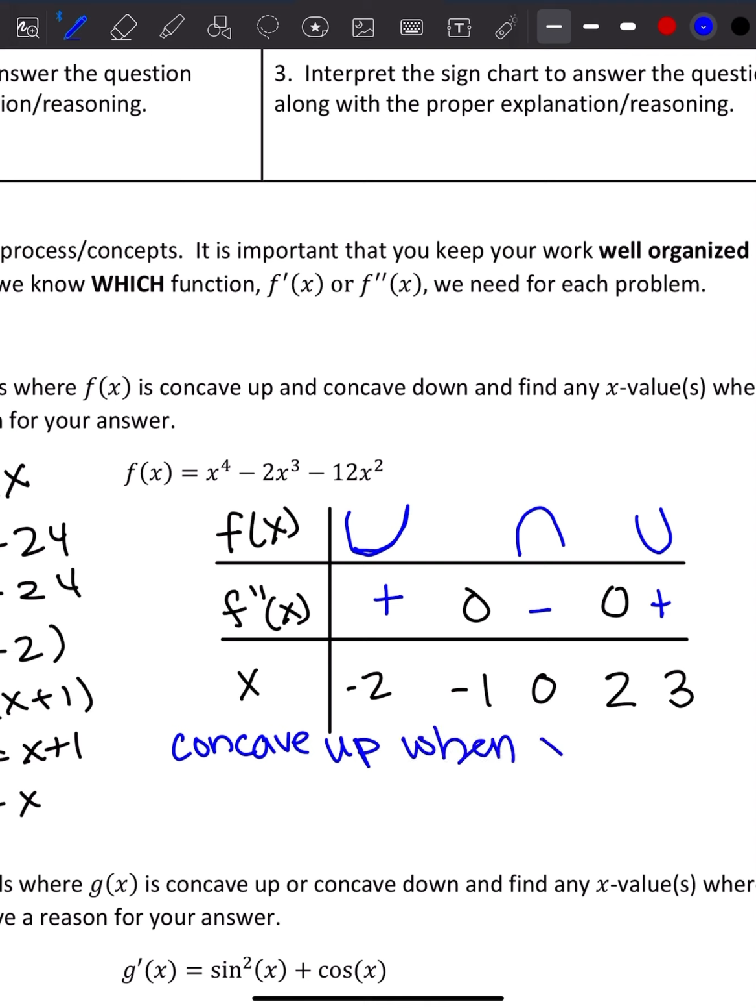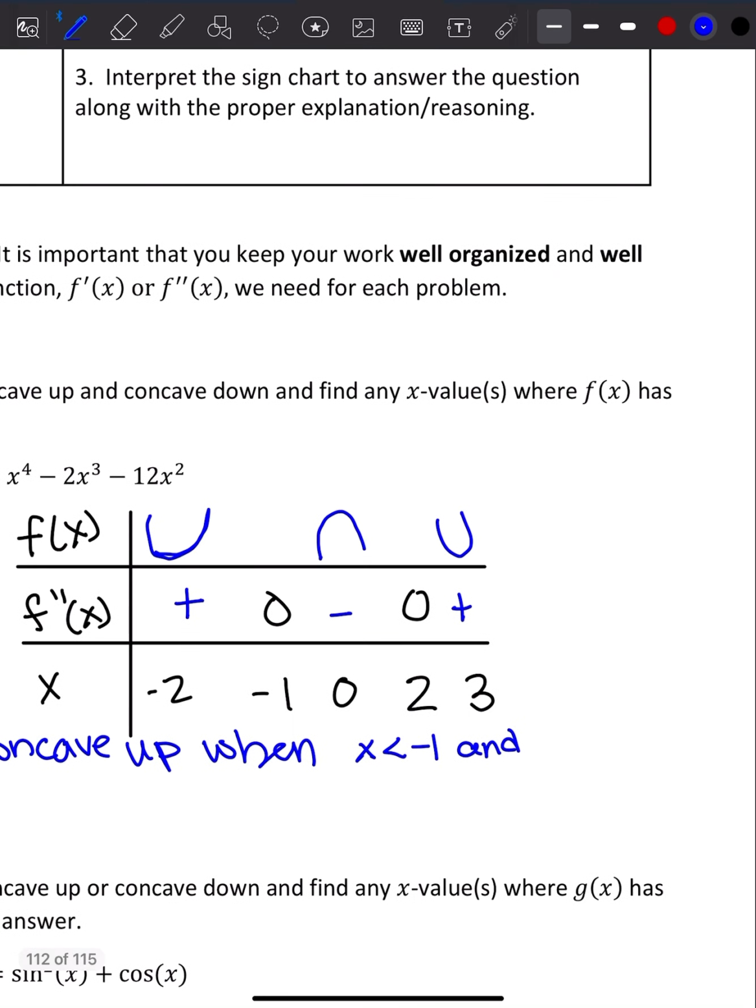when we are less than -1 and greater than 2, because f double prime is greater than 0.